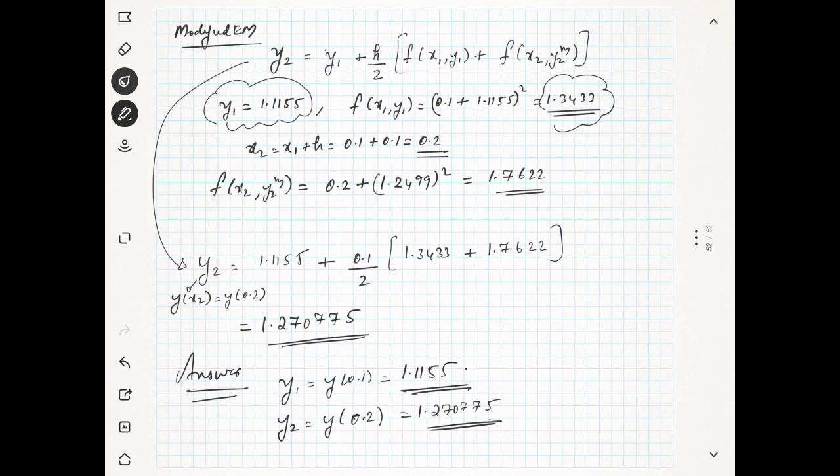How to get the next point? The next point is obtained by using your usual Euler's method.